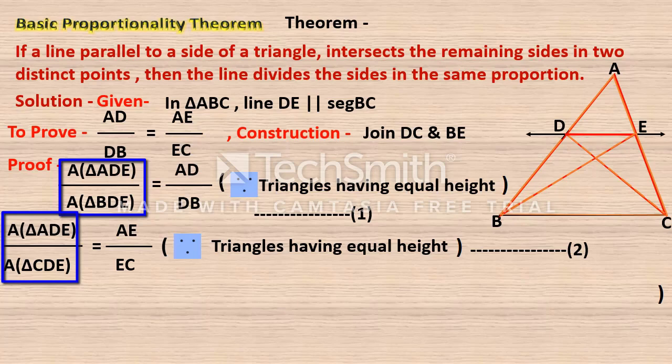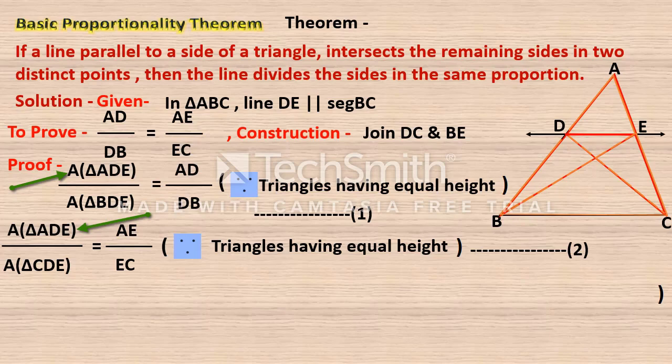In those two equations, we consider the LHS, and the part that is similar is the numerator: area of triangle ADE in equation 1, and in equation 2 the area of triangle ADE in the numerator is also the same. If we show the denominators are also the same, then the LHS is the same, and if the LHS is the same, then the RHS is also the same.